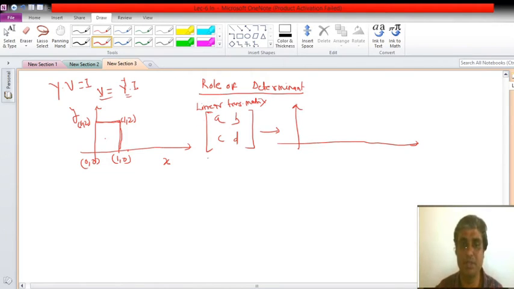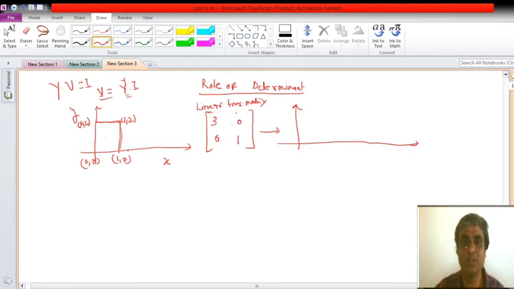Suppose my linear transformation matrix, instead of A, B, C, D, is 3 0 and 0 1.